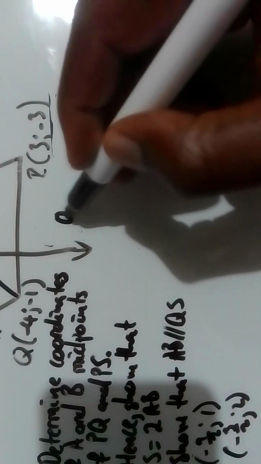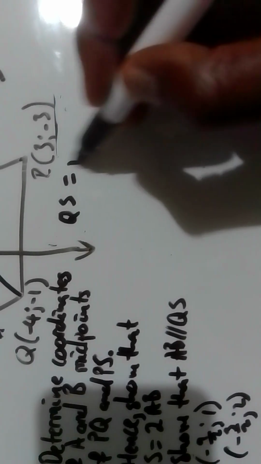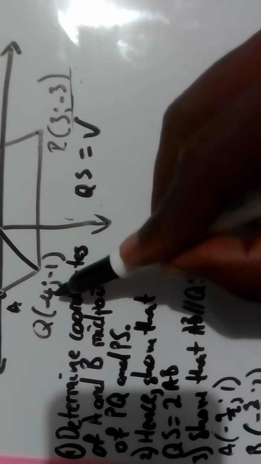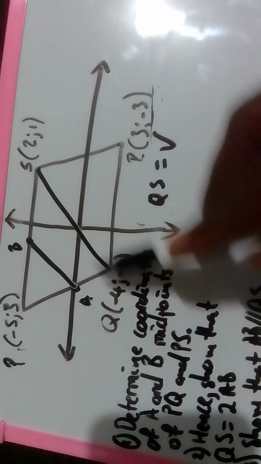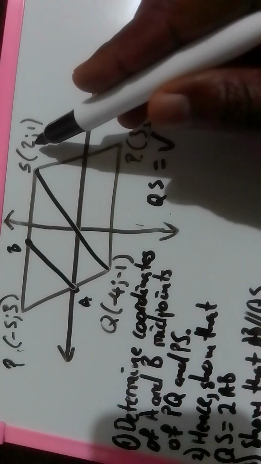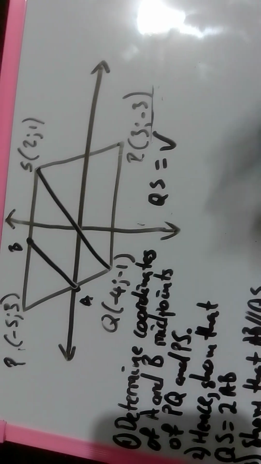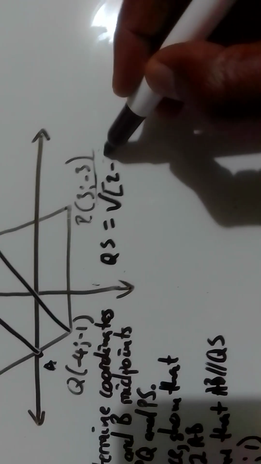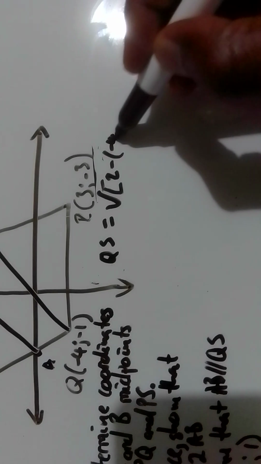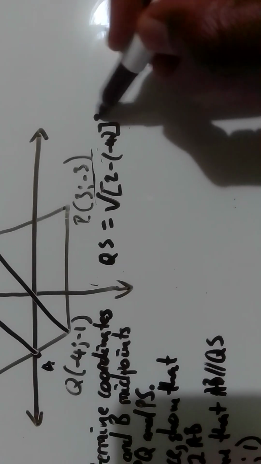So now I say QS is equal to the square root of, open bracket. Now I must say x2 minus x1. So my x2 is 2 and here I've got -4. So I put a square bracket here and I say 2 minus, open bracket, -4, I place it inside the brackets and then I close my square bracket.